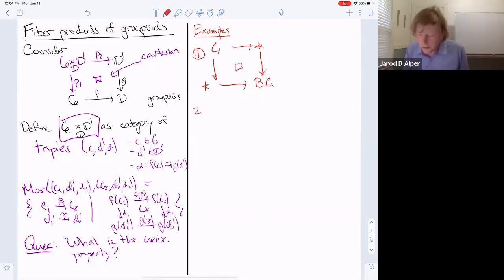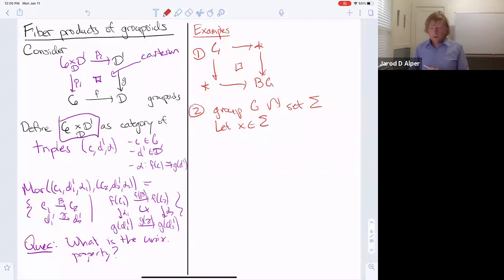And as another example, let's take a group G acting on a set sigma, and let's take an element x of sigma. There are two notions here: you have the orbit Gx, and then the stabilizer G_x.